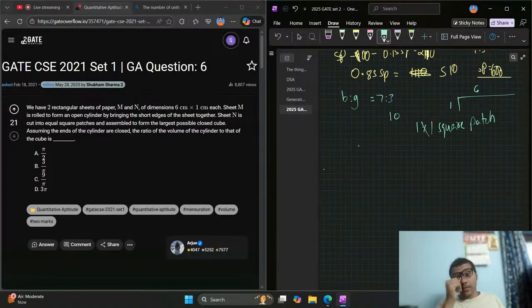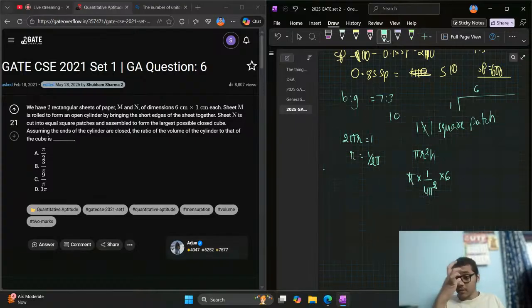How much is this? Alright. 2 pi r is equal to 1. R is equal to 1 by 2 pi, because circumference becomes radius. Pi r square h, pi into 1 by 4 pi square into 6. That is going to be our answer.